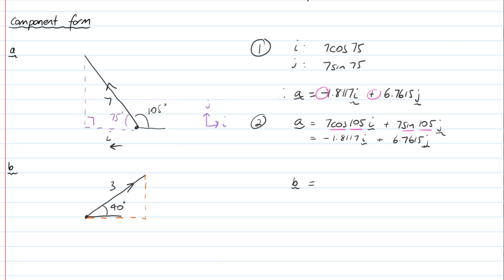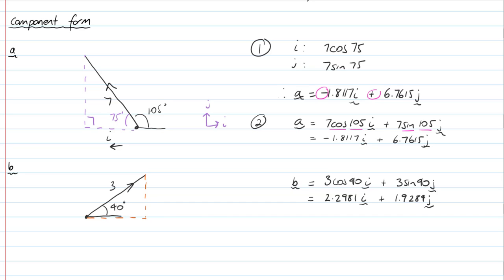So we're going to do that for the second one now, and just use straight up b is equal to, and now of course it's in the first quadrant anyway, but 3 cos 40i plus 3 sine 40j, and that simplified is 2.2981i plus 1.9284j.